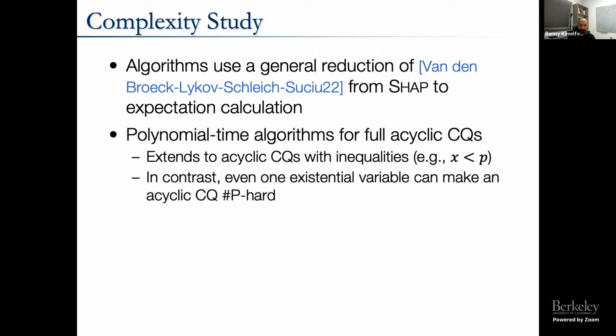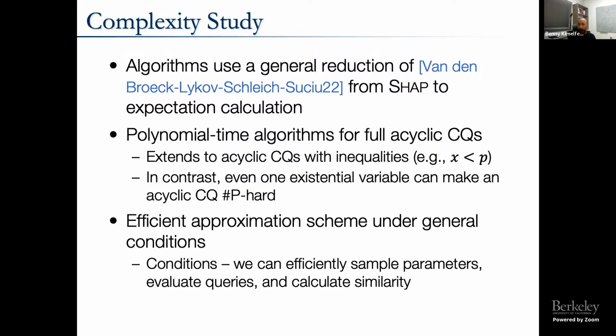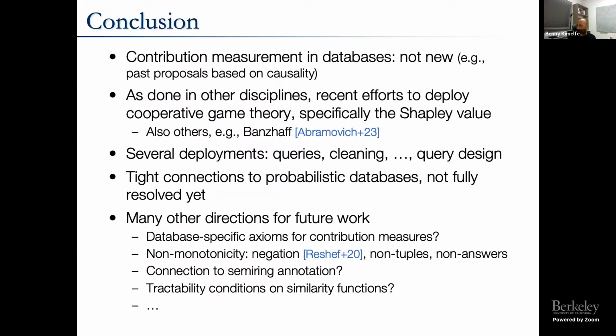I won't go over the results. They are listed here, and I can show the write-up privately to whoever asks. I'll now conclude. We talked about contribution measurement in databases. This is not new, and we've seen past results based on causality.